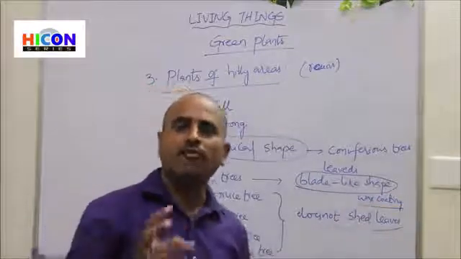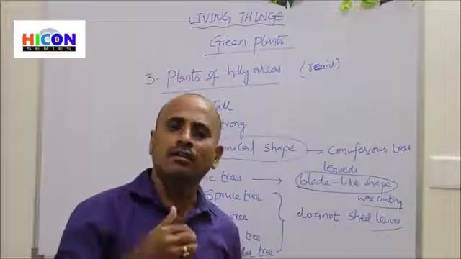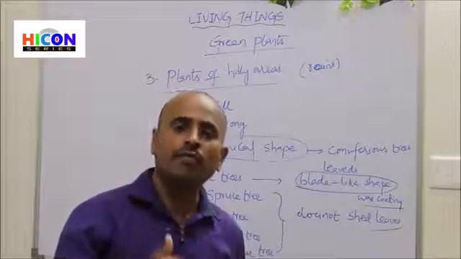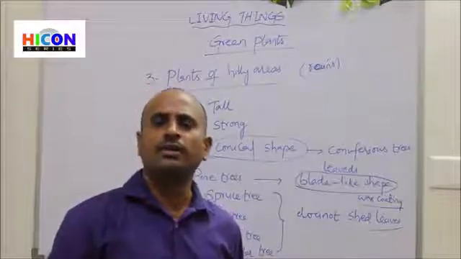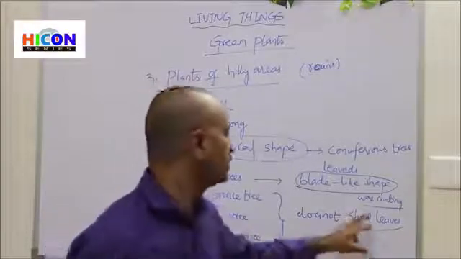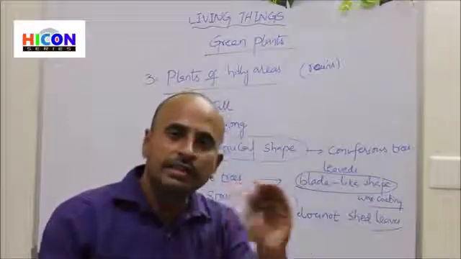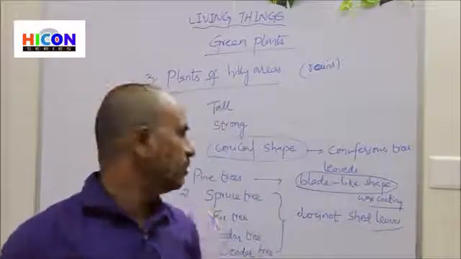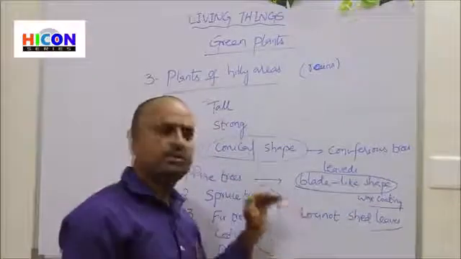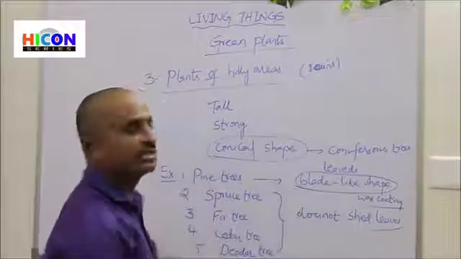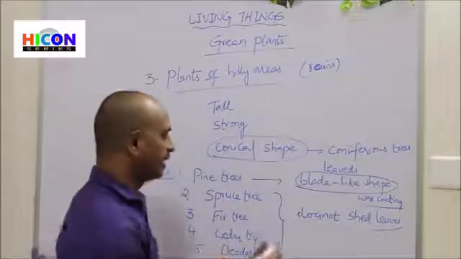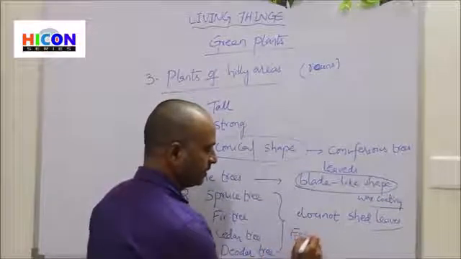That's why the water is not lost during evaporation or respiration. Because of this wax coating on the leaves, these plants do not shed leaves. That's why these plants are also called evergreen trees.